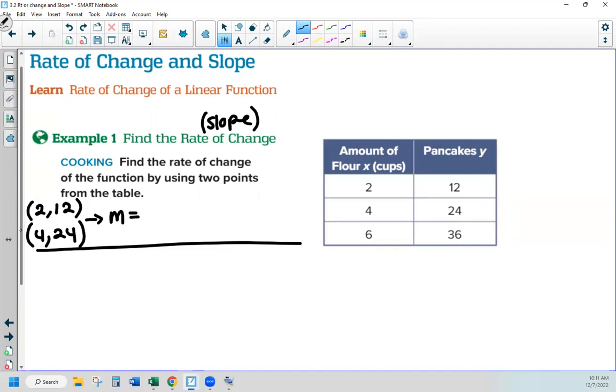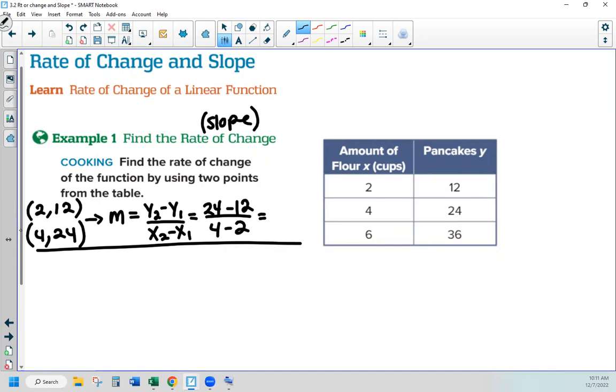Okay. So I'm going to need my formula: y2 minus y1 over x2 minus x1. So y2 is located at 24, because we said (4, 24) is my second point, minus the y of my first point, which is 12, divided by x2, which is 4, minus the x1, which is 2.